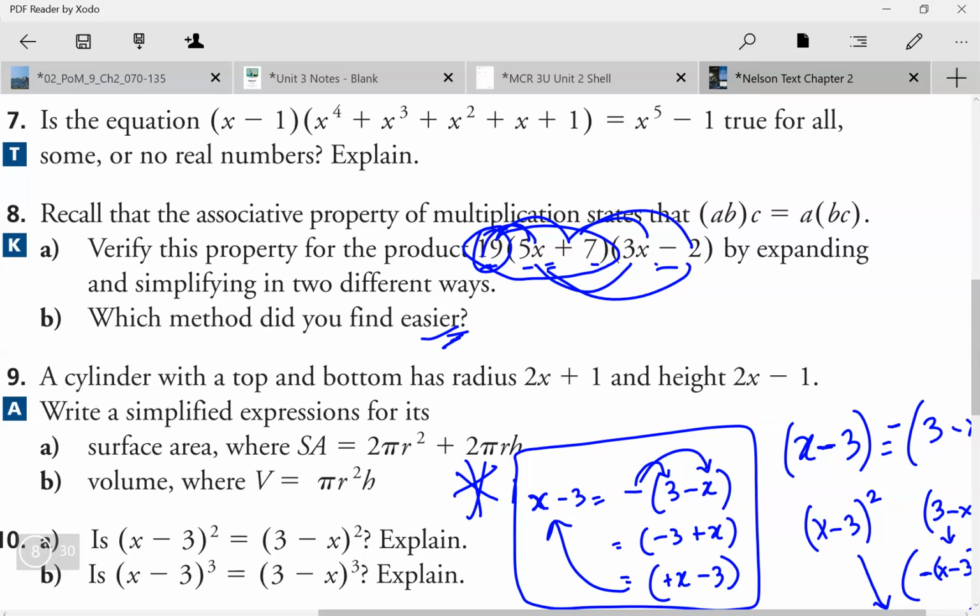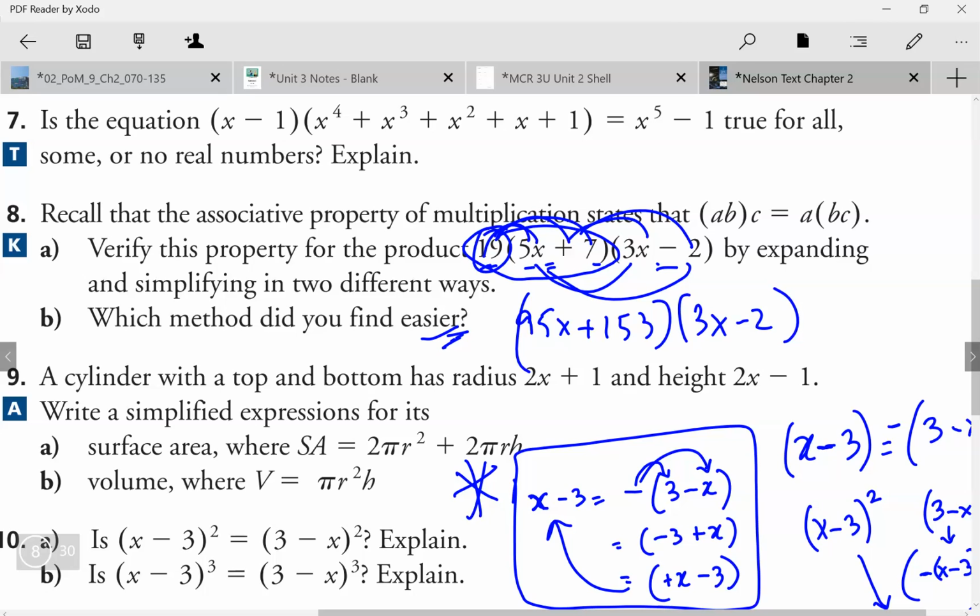As soon as you multiply 19 into 5 and 7, that just becomes 95x plus 153, times 3x minus 2. And I mean, you could do this.